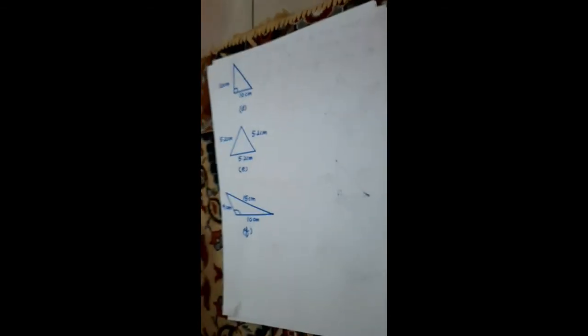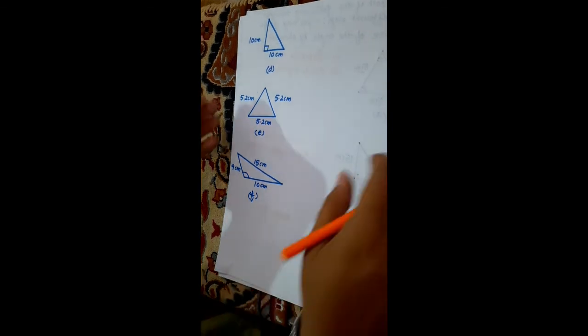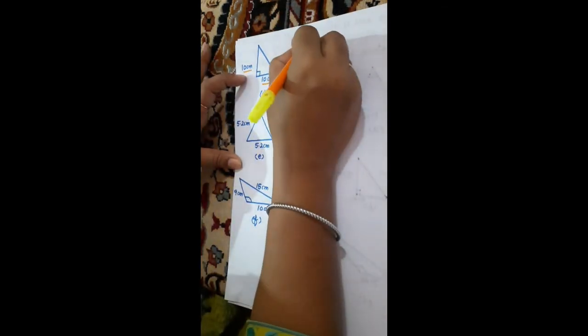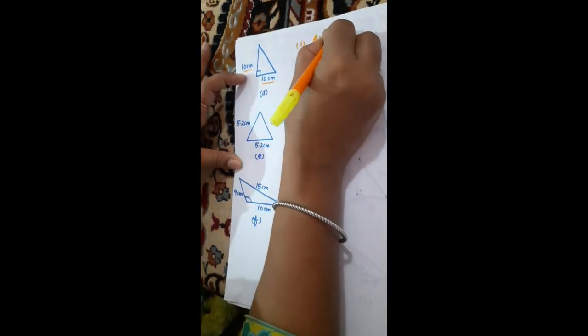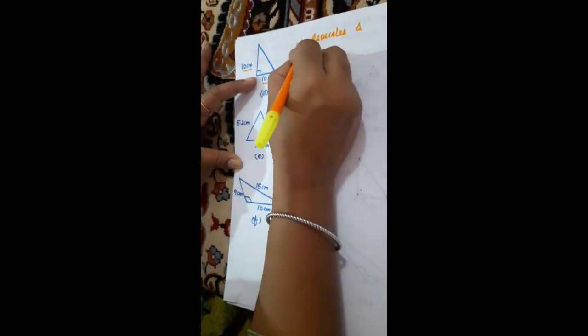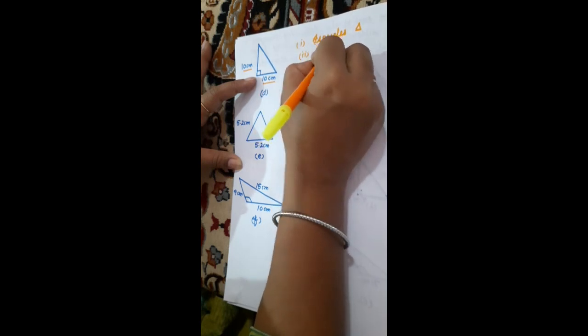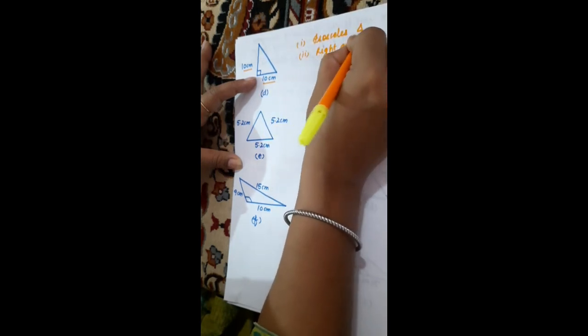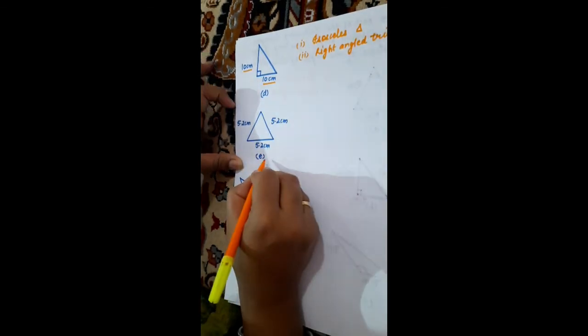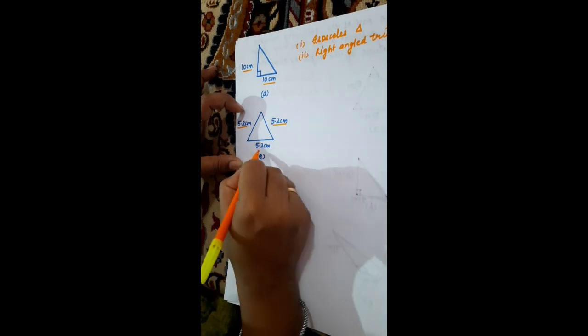Now next we have this D part. Here D part, in this two sides are equal. So this is your isosceles triangle, and second, we have a right angle, that is, on the basis of angle we can say that right angled triangle.